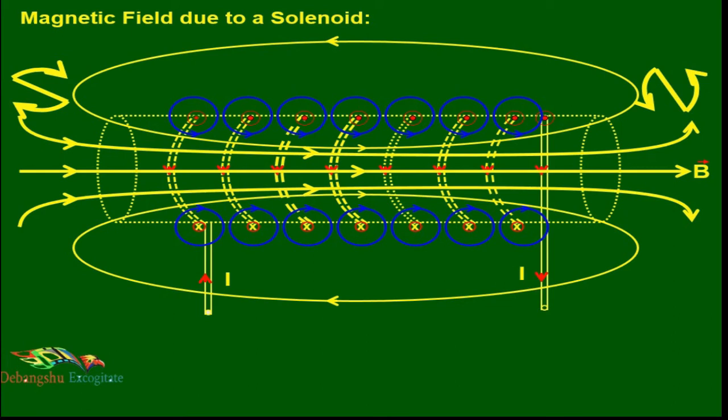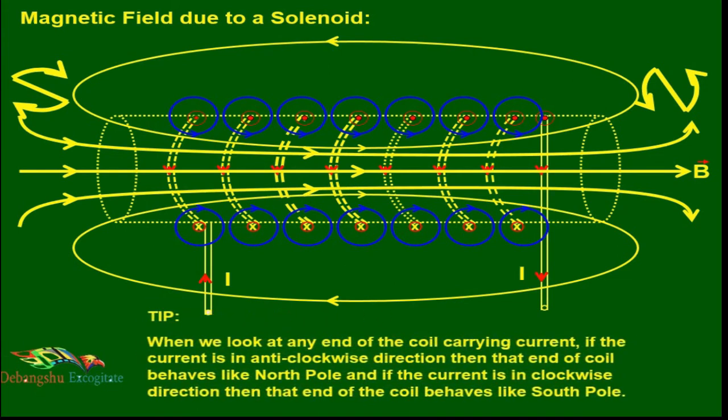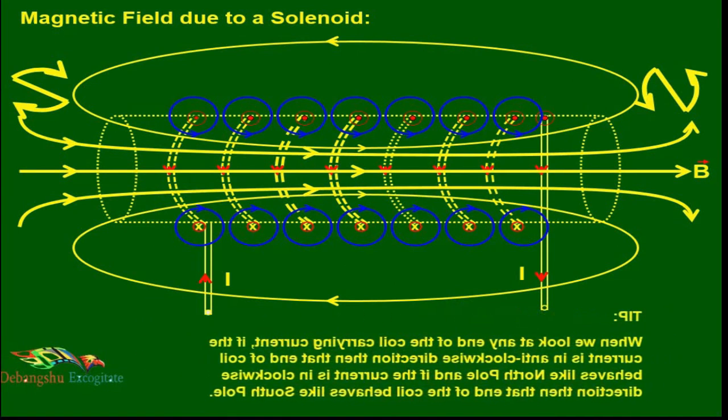Remember, for a solenoid where the current is anti-clockwise, look at the diagram, N is there. So anti-clockwise current behaves as a north pole and magnetic field lines come out of it, and if it is clockwise, the magnetic field will go in and it will appear as the south pole.